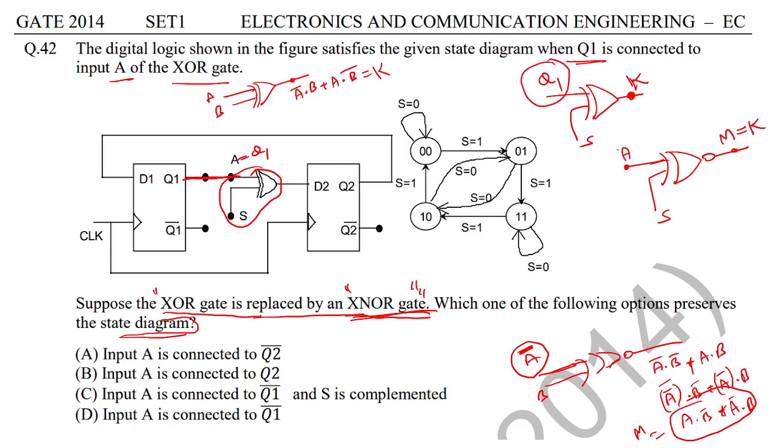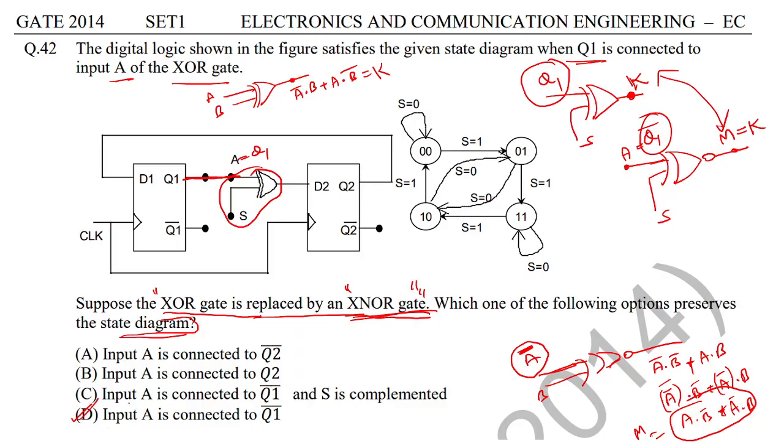Instead of giving Q1, you give Q1 complement. Then these outputs will be the same. Correct. So what is the right answer? Input A is connected to Q1 complement.